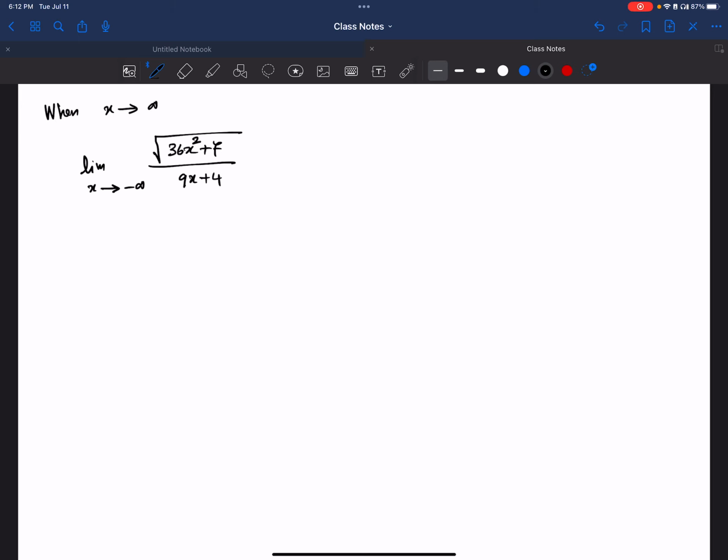And it's the same thing. You divide by x, both numerator and denominator, and you're going to end up with the same thing, but limit x goes to negative infinity, right?